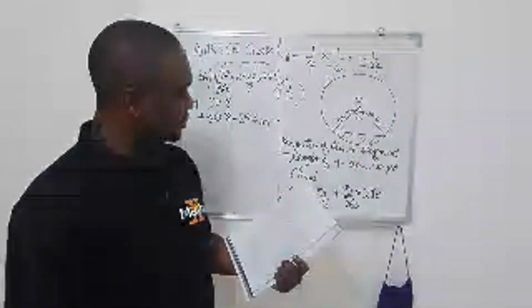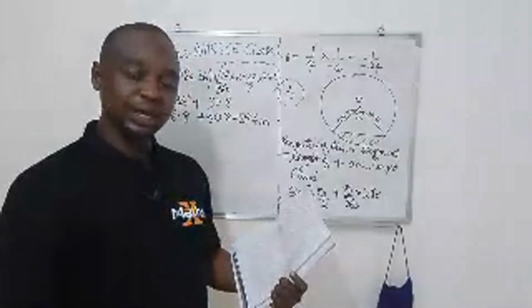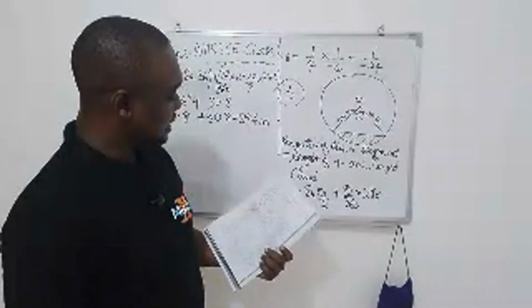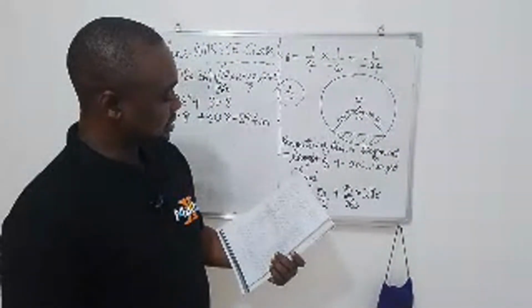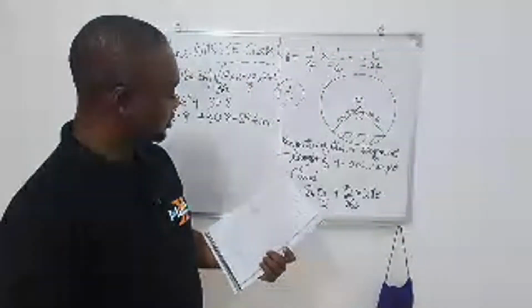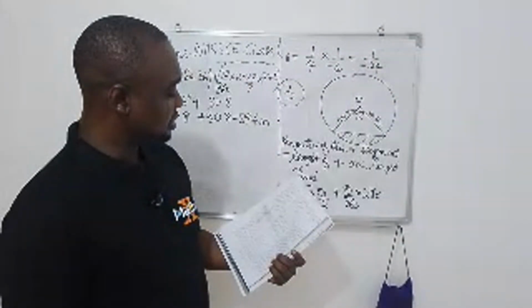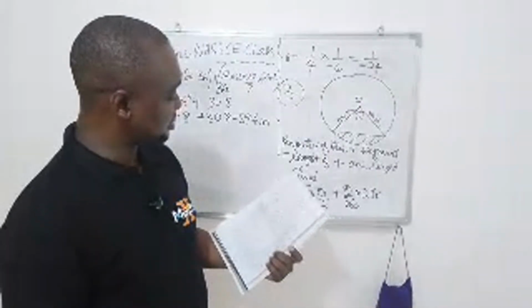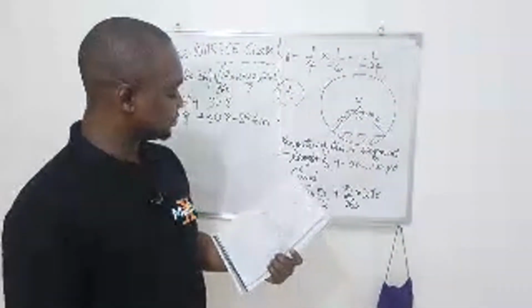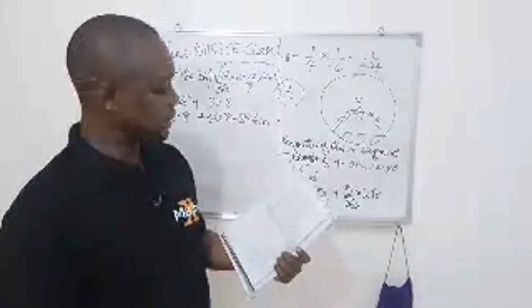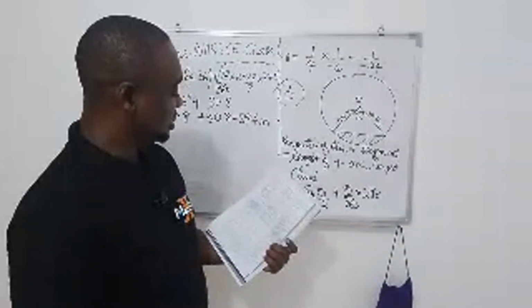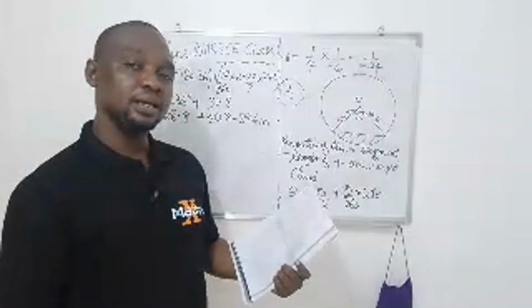The angle BAD is 5x minus 35 degrees. The angle BED is 2y plus 10 degrees. And the angle ADC is 40 degrees. Find A, the values of x and y. B, the angle ABC.